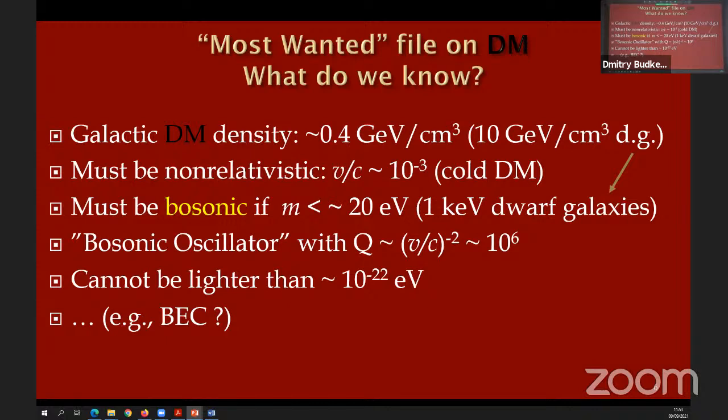So the galaxy is also a gravitating object, and you can calculate the escape velocity for the galaxy. And this calculation leads to this value being about 10 to the minus 3 of the speed of light.